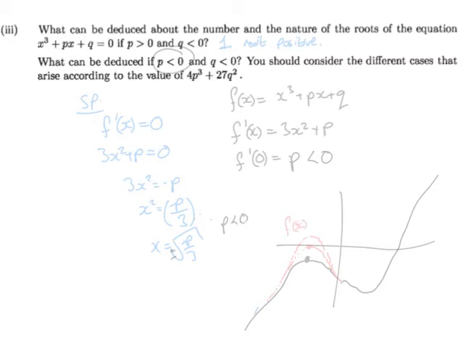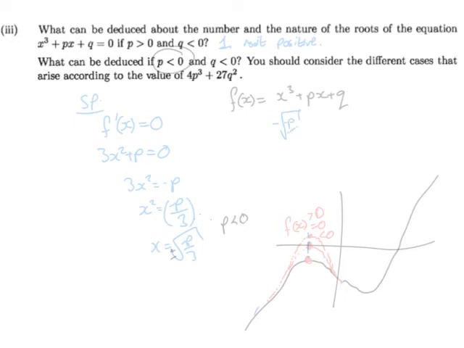So what we're going to do is substitute those into our function itself. If that is positive, then we're going to have 2 extra roots that are negative. If it's equal to 0, we're going to have 1 equal negative root to go with our positive root.